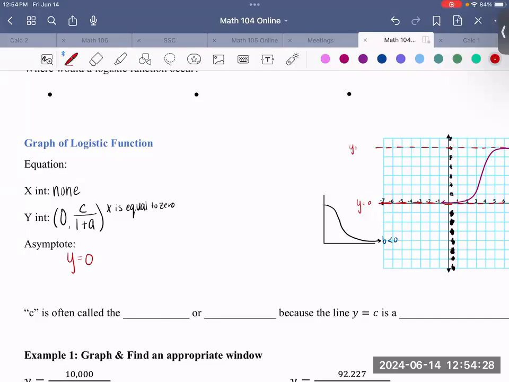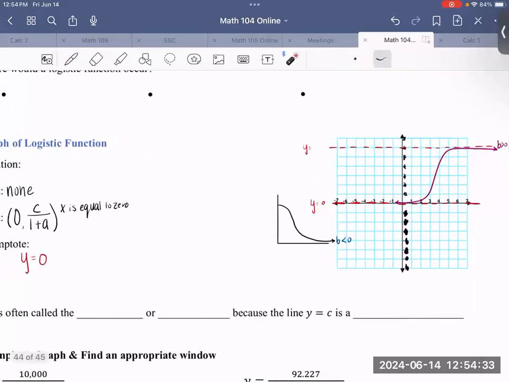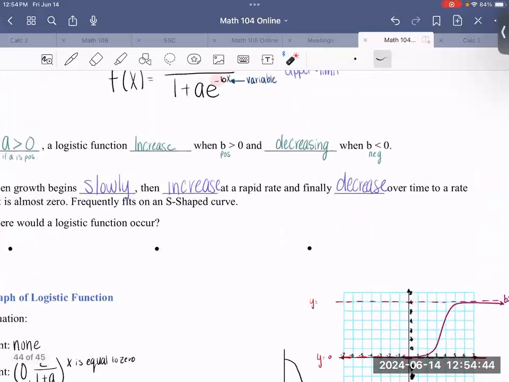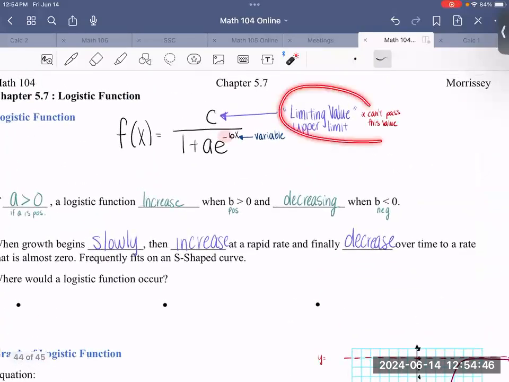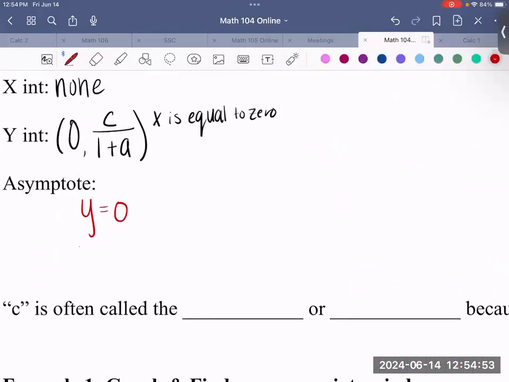So if we were to do this again, but for your upper limit, we said there is one here. We can't seem to cross it. That's why it's going to flatten out. So what could this be? Well, this would be our upper limit, our limiting factor. It cannot pass this value, which is C. Now, we don't know what C is in the context of this problem, so we're just going to label C from the equation.